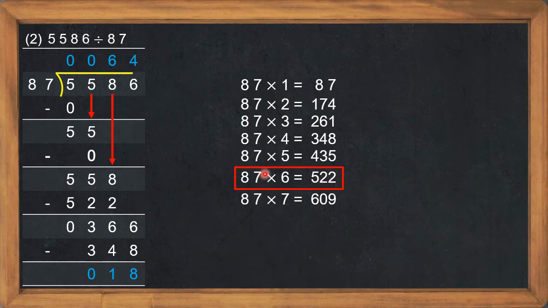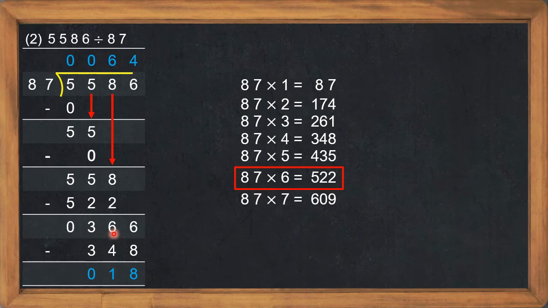So we write 6 in the quotient and we subtract 522 from 558. So here we got 36 after subtraction.